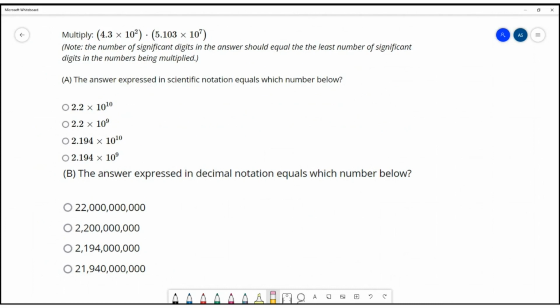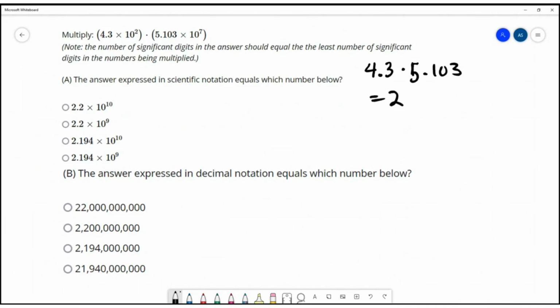So when we do this multiplication, because we're multiplying in scientific notation, we can multiply the numbers 4.3 times 5.103. So I'll do that in my calculator. 4.3 times 5.103.